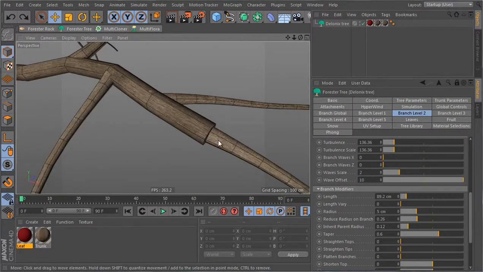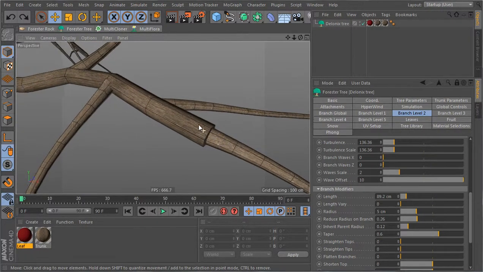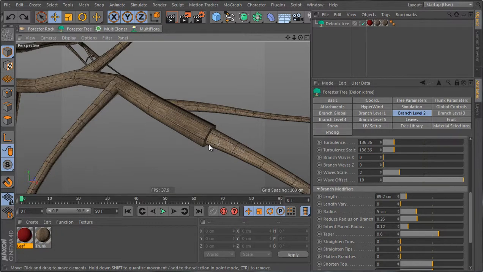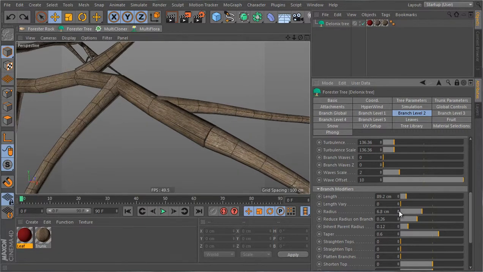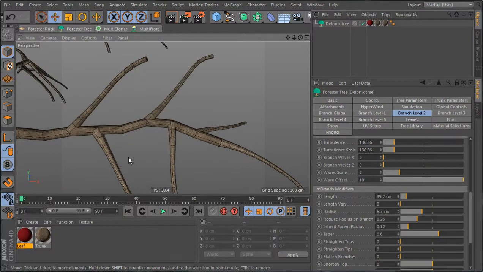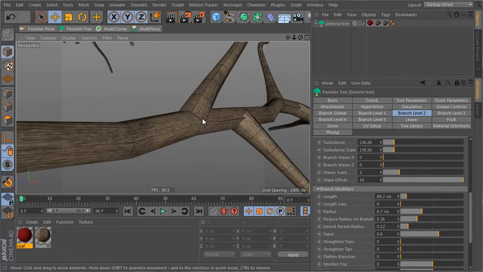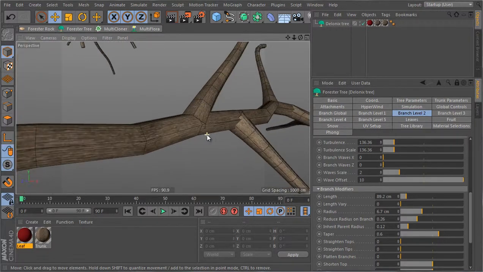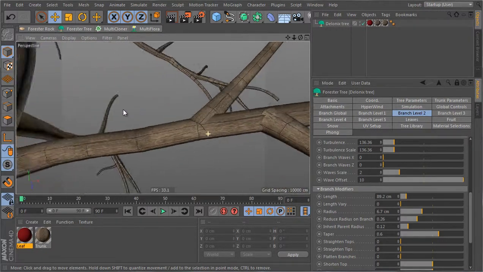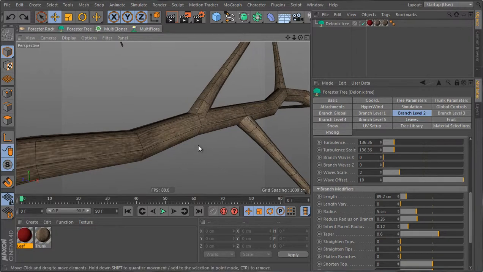So if you look over here, we see that this branch of level 2 is not really coinciding with the tip of branch level 1. To fix that problem, I'm going to increase the radius for level 2 like so. Now, if I increase it, I see that also the first branches were increased in radius, and therefore I got the branches sticking out from where they need to.